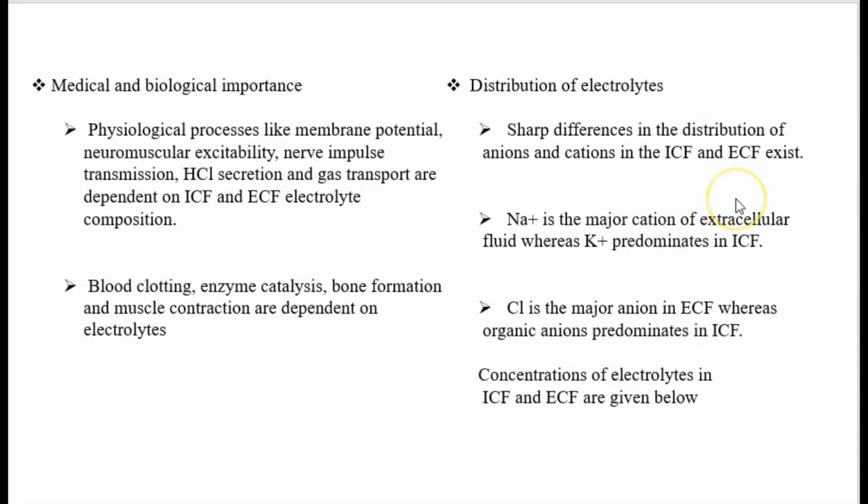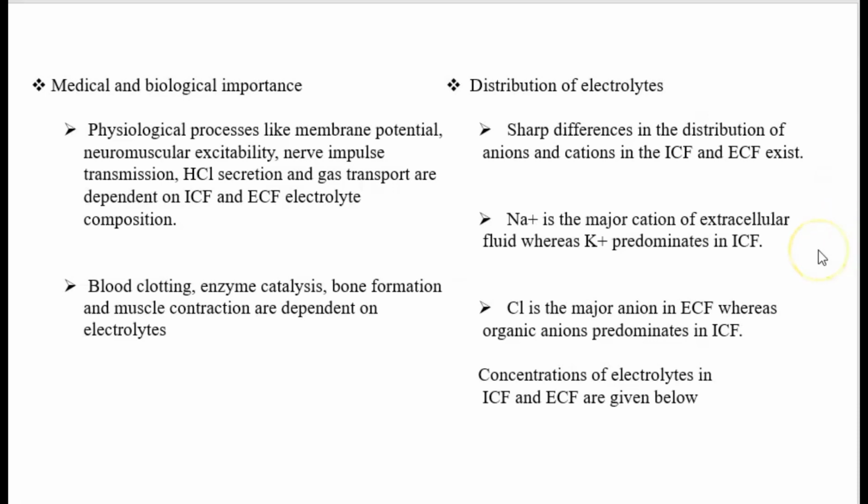While the inorganic anions that have a higher range in the extracellular are what? Chlorine and hydrogen carbonate. While in the intracellular, the inorganic cation that is majorly predominant is potassium, while the inorganic anion that is predominant is phosphate.